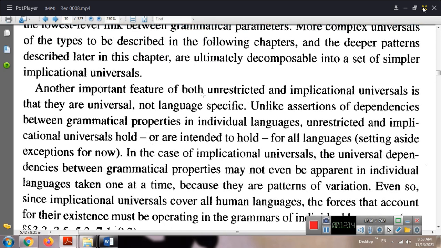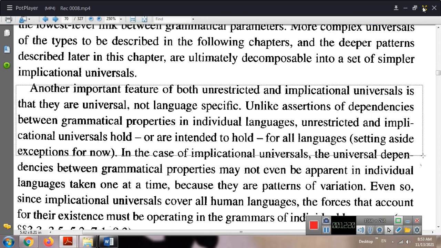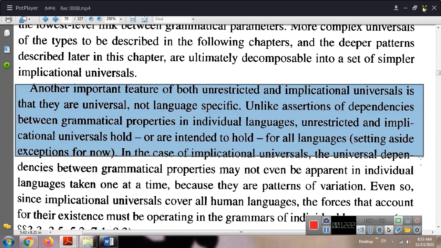Another important feature of both unrestricted and implicational universals, dear student, here we will read the similarity between these two types of universal. Another important feature of both is that they are universal, not language specific.